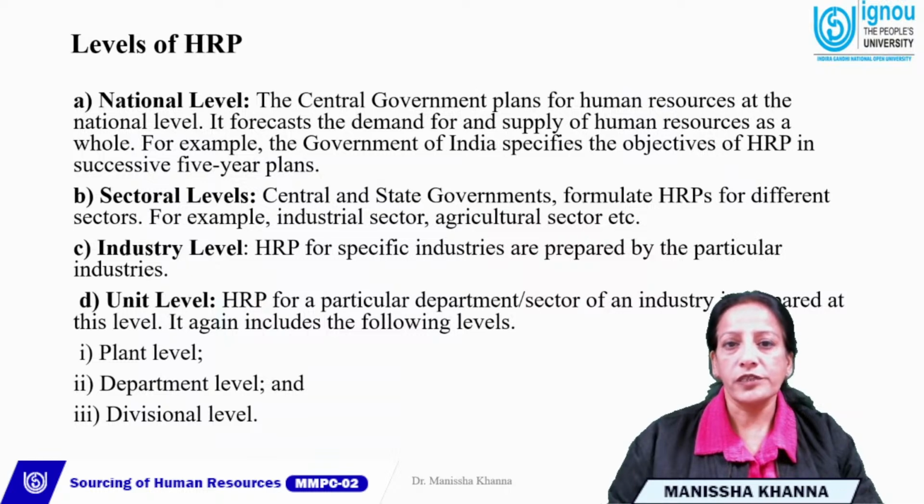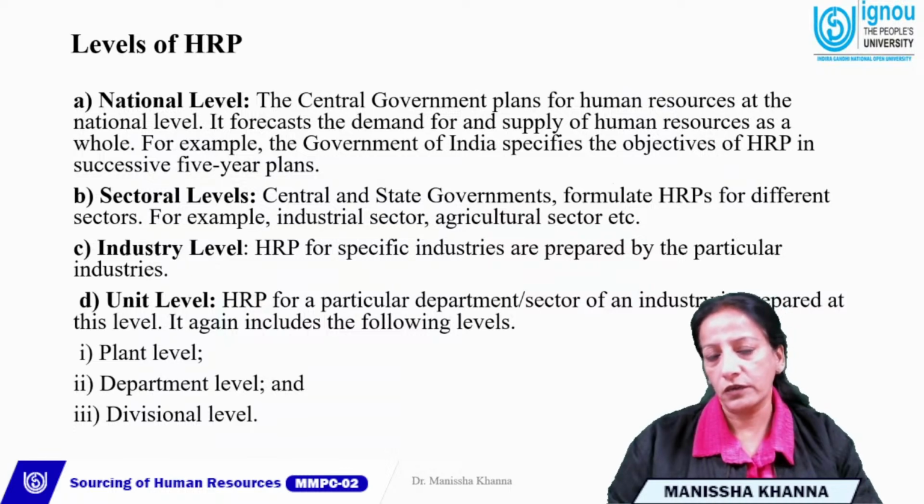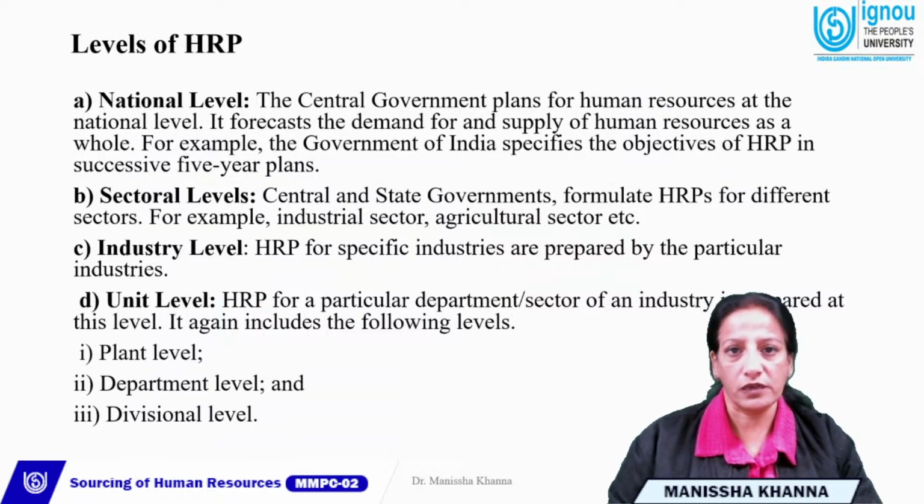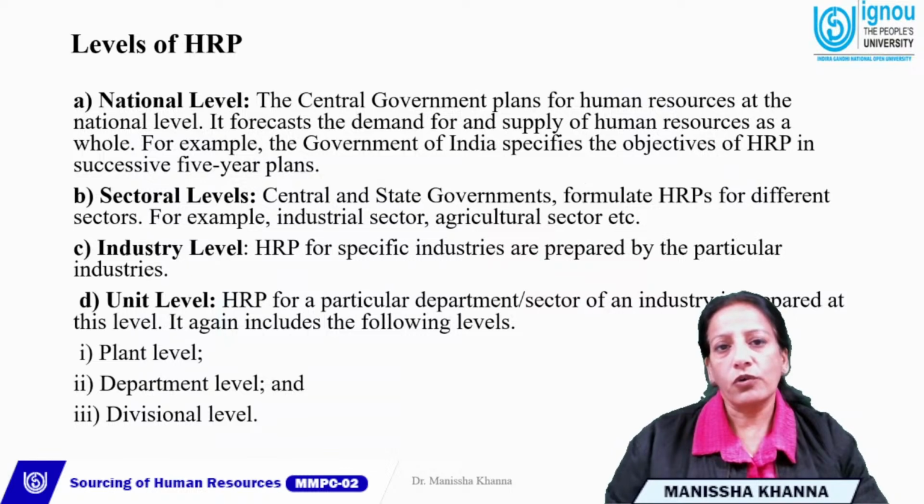way out. Sectoral level refers to central and state government formulating HRPs for different sectors. For example, industrial sector, agriculture sector, IT sector, telecom sector. So it depends on what sector human resource planning has been done.